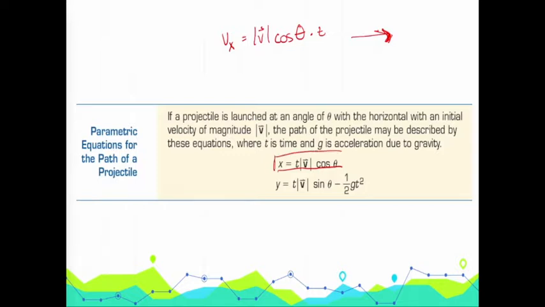And that's where you get this. You do the same thing with y. Y is the sine theta, and you multiply that by t. But you also have the acceleration due to gravity. And so this 1/2 gt squared is the acceleration due to gravity. And so that's going to give you the position of the projectile in the y direction.